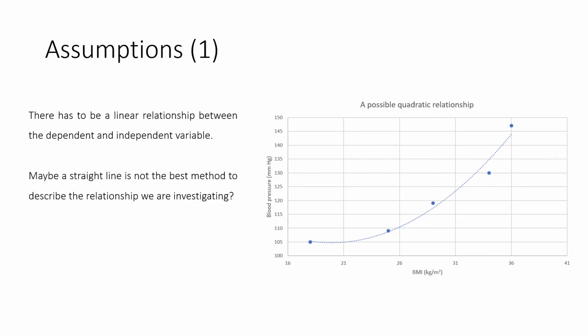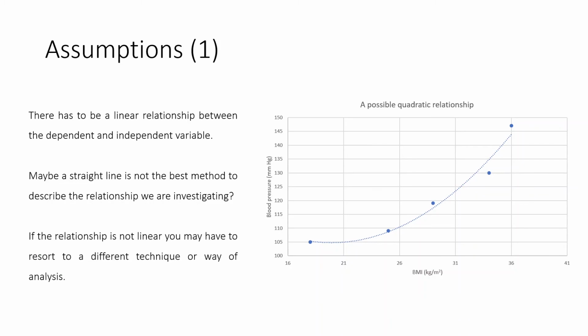So in this case, I once again have a very extreme example where maybe the relationship is quadratic. Could be different. So there has to be a linear relationship, and that's an assumption that you take when you do linear regression analysis. And if that's not the case, then there may have to be a different technique that you need to use, or you have to find some way of adjusting your analysis accordingly so you can deal with this linear relationship.